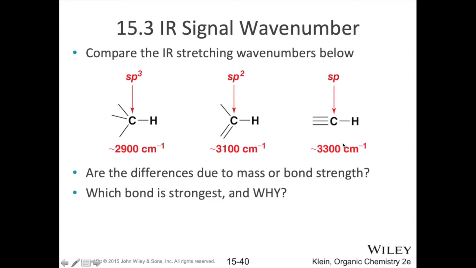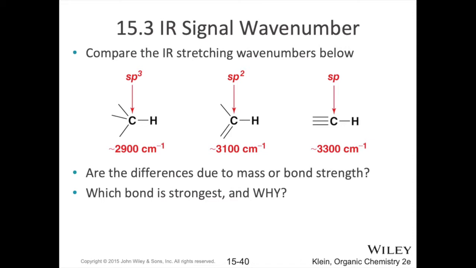Since our wave numbers are dependent on the strength of bonds and the masses involved, we know this is not due to the reduced mass because we have the same atoms involved here. So it has to come from the bond strength. The hybridization of that carbon and the way that orbital overlaps with the hydrogen changes the strength of the bond.